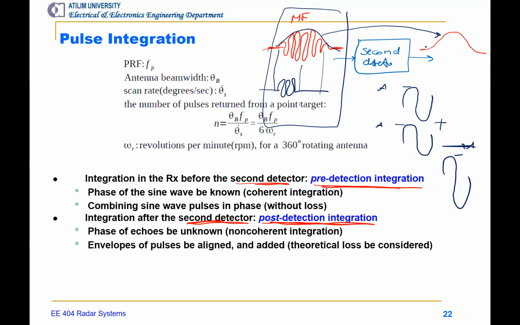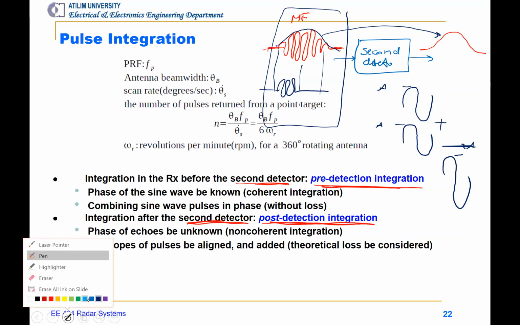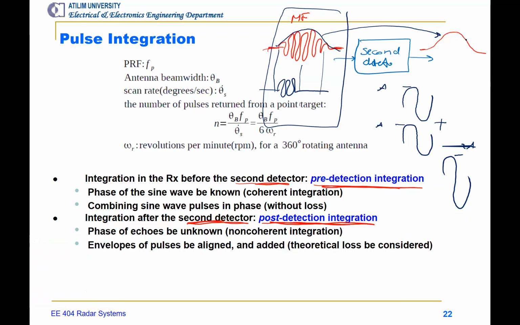So what happens when we do this after the second detector? We simply add envelopes, not sinusoids. So if there is a problem at the detector, for example, let's take this perfect envelope. In reality, this envelope will be just like this.